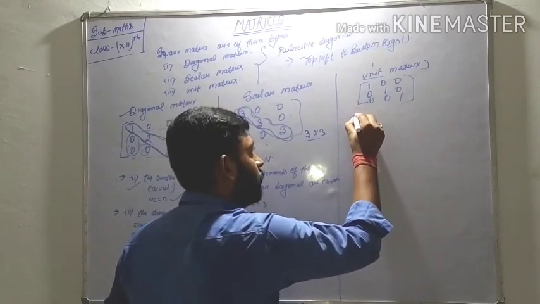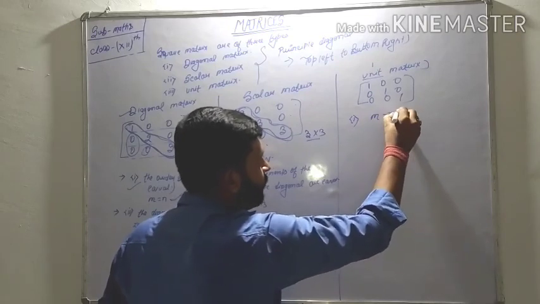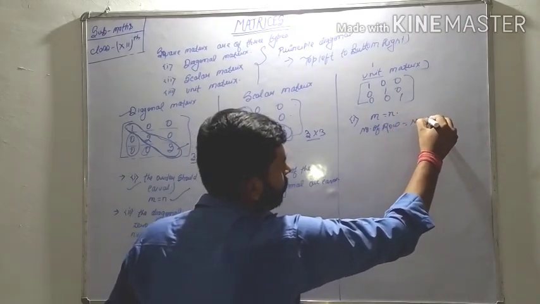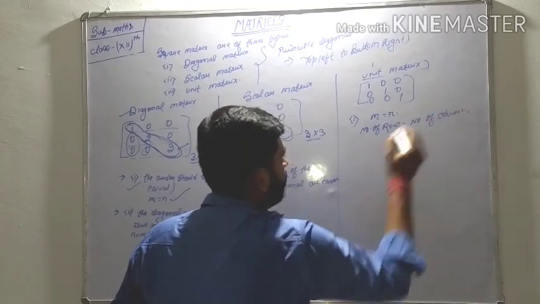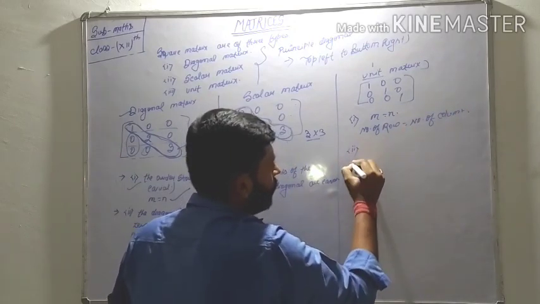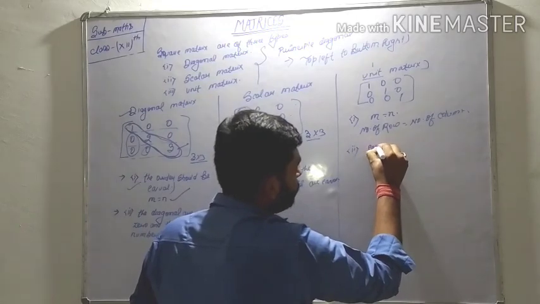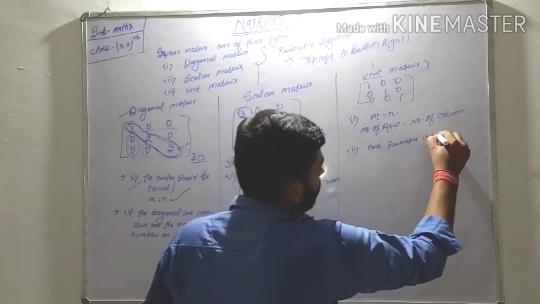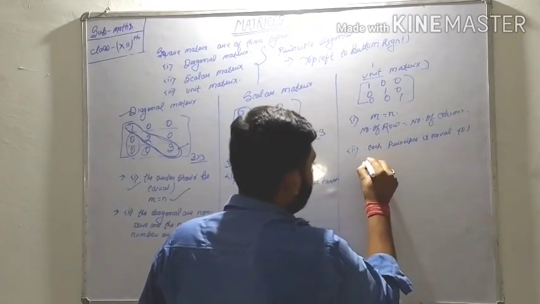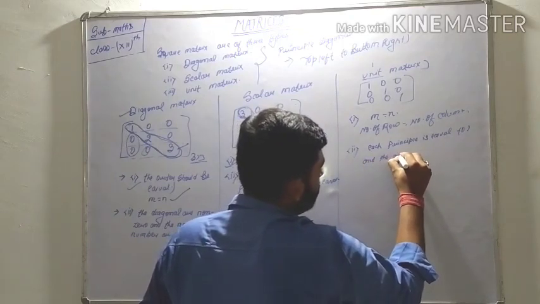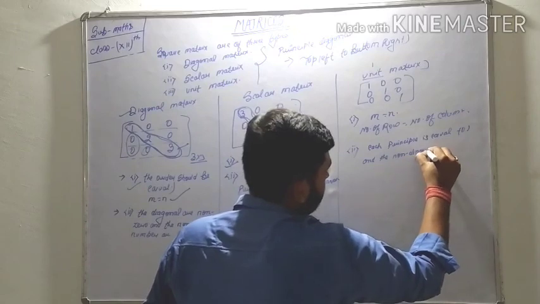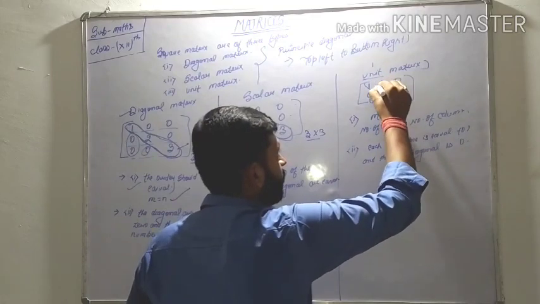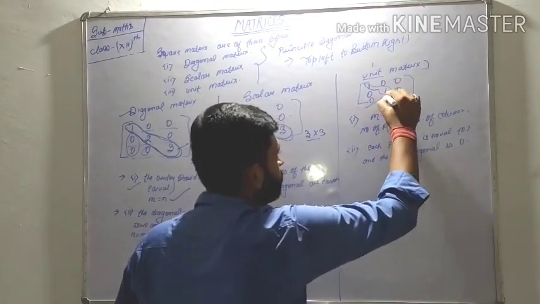Now condition 1 is followed: m is equal to n, that means the number of rows is equal to the number of columns. And the second condition, each principal diagonal element is equal to 1 and the non-diagonal numbers are 0. That's all.